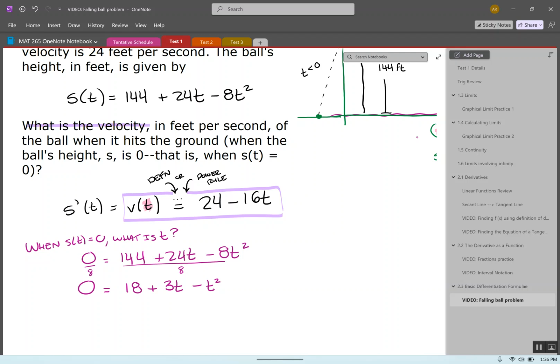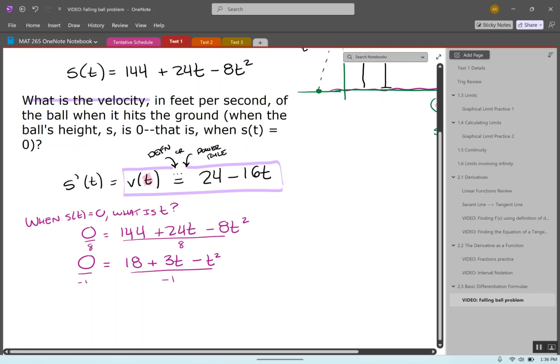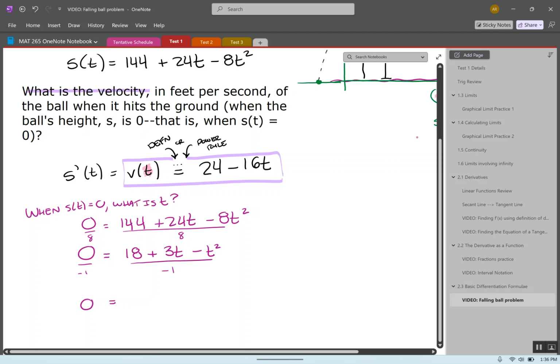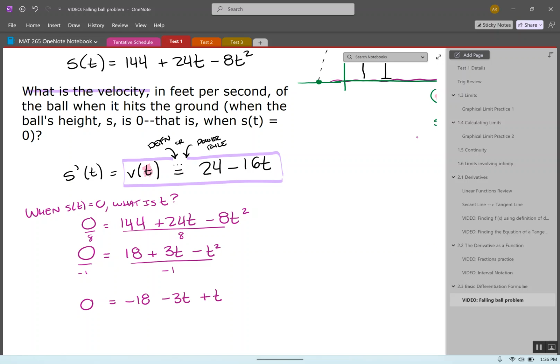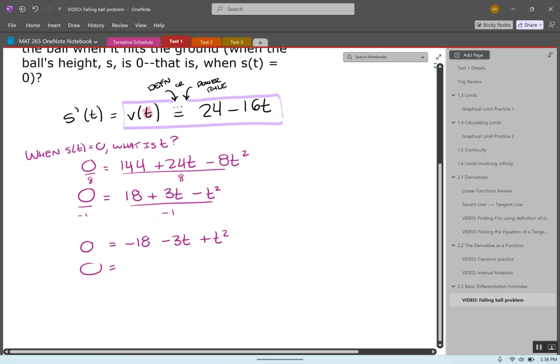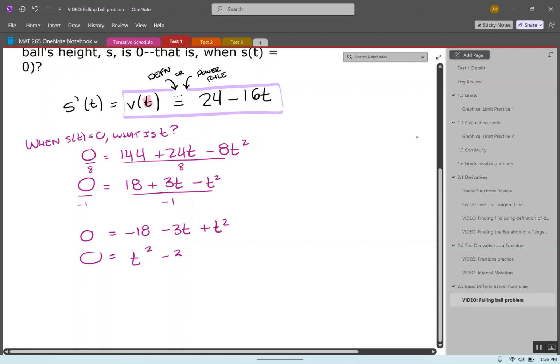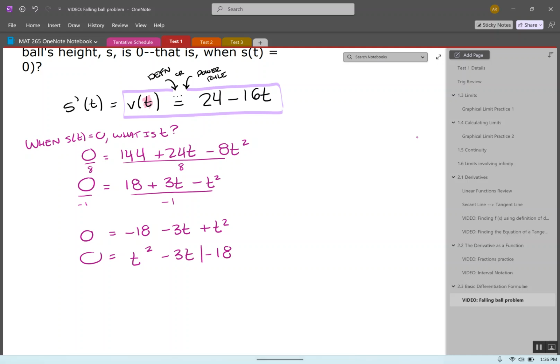Okay. Now we can also divide by -1 to make things a little bit easier for our factoring. So we get -18 minus 3t plus t squared. I'm just going to rewrite that with my t squared out front, in standard form. So now I need two numbers that multiply to -18, which add to -3.